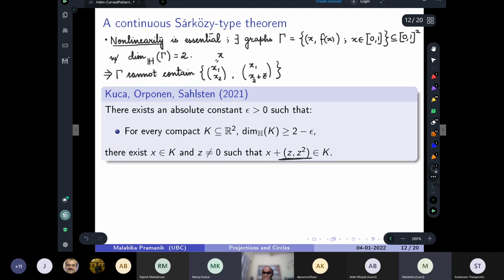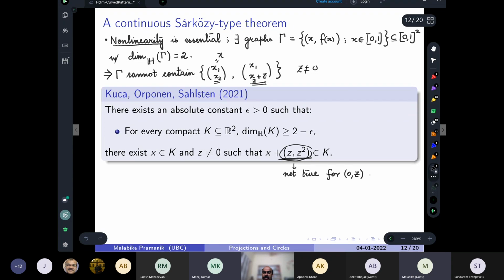Because gamma is a graph, and being a graph, for every x1, its x2 coordinate is uniquely determined by f of x1. So there cannot be two distinct x2 coordinates for the same x1. And the fact that this graph is space filling, it has full dimension 2, means that there is no analog for the linear pattern 0, z.